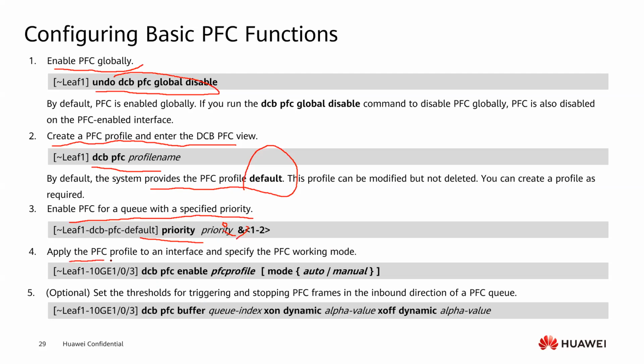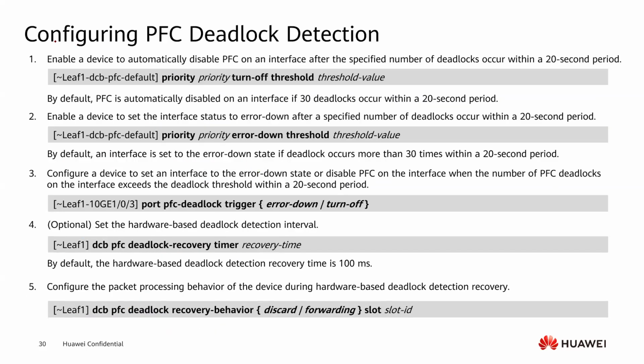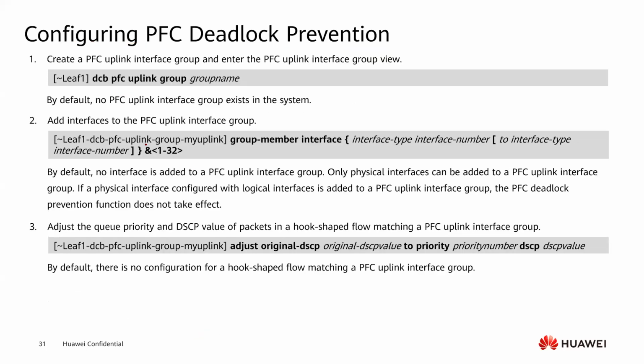And apply the PFC profile to an interface, in the interface view. And you can also configure the threshold in the interface view. And this is configuring PFC deadlock detection. You can see the commands after class by yourself.